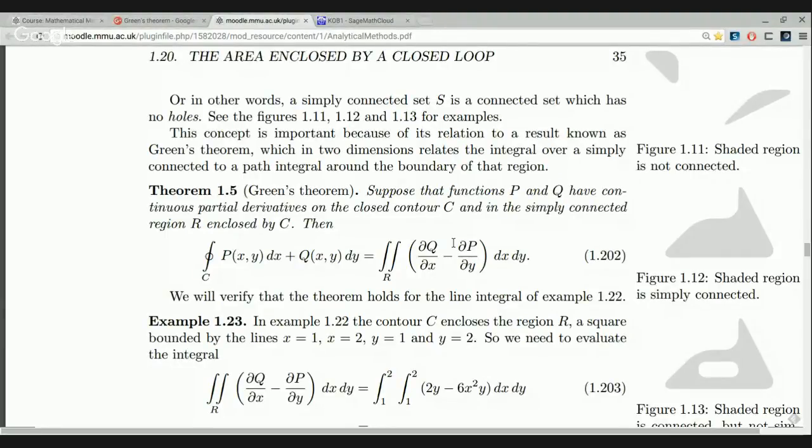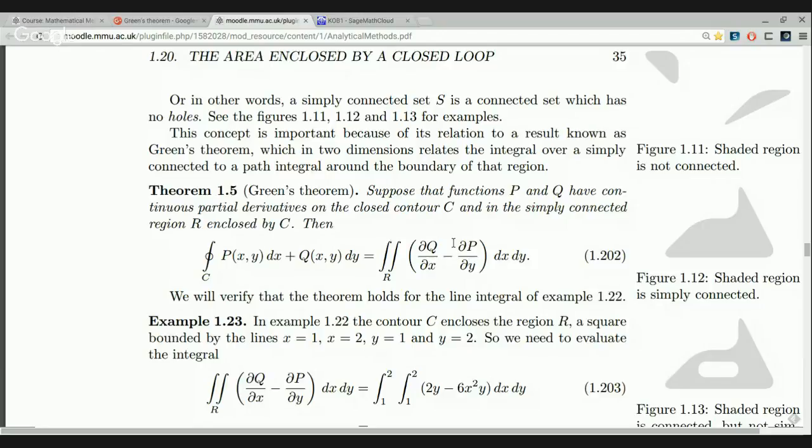This is a limit arrow. As the size of the rectangles approaches 0, this summation of all these double integrals over all the rectangles converges to the double integral over the region R. And we'll say a similar thing about the behavior of the left-hand side in the limit.